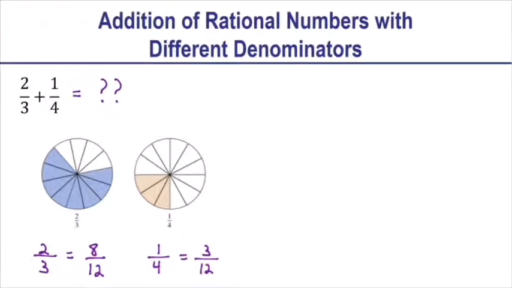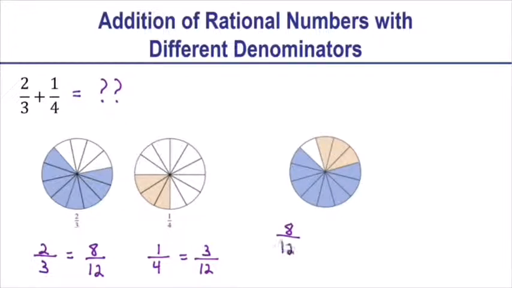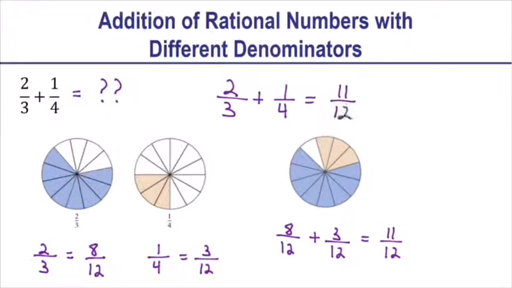So if we put those together on the same circle, you can see that 11 of the pieces are shaded, but it still takes 12 to make a whole. So these 8 pieces plus these 3 pieces gives us 11 total pieces, and it takes 12 to make a whole. And so finally we can say that 2/3 plus 1/4 is equal to 11 twelfths.